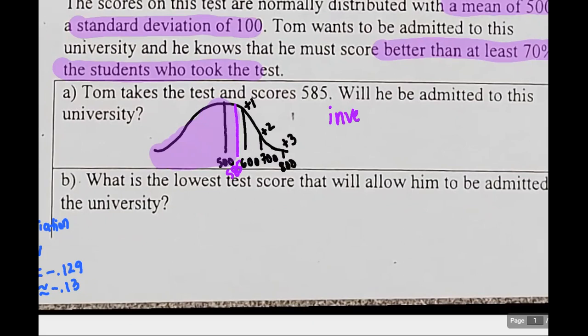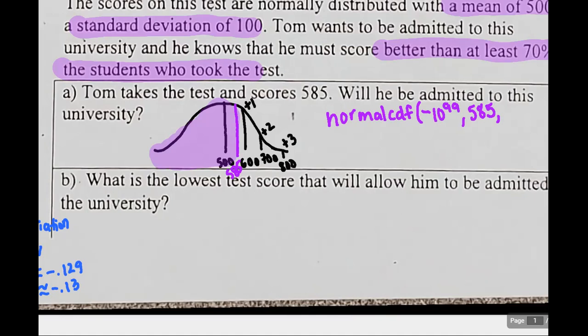Well, let me say, we can do this with the normal CDF. So for this, I'm going to do the normal CDF. I want to know the area from negative infinity up to 585. Instead of writing negative infinity, I'm going to use negative 10 to the 99.